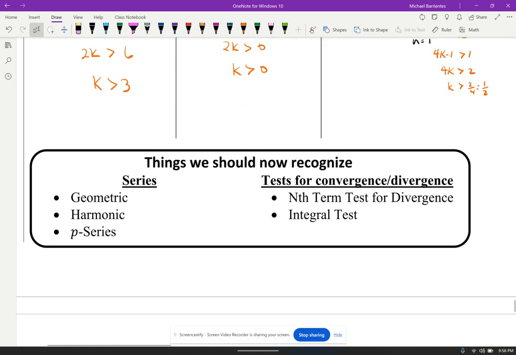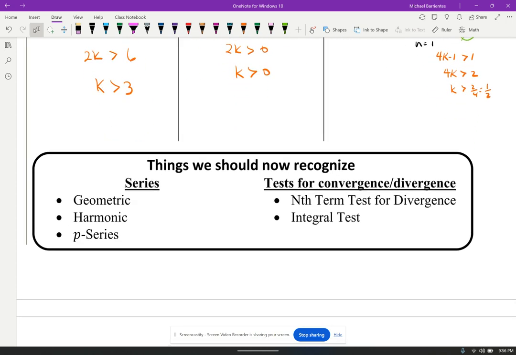So by now, we've talked about 3 specific series. In other words, I'm looking for a specific pattern, and if I recognize that pattern, then I know whether it's convergent or divergent. And then we also talked about two tests. Now, these tests can work with any type of series, right? These are specific types.